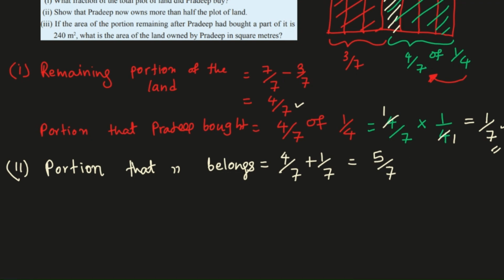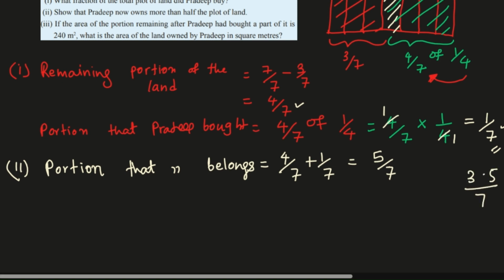Okay, so the total land has been divided into what? 7 equal parts. If the whole land had been divided into 7 equal parts, half of it will be 3.5 portions out of 7, right? That's the half. Yes, it's decimal. The decimal came because 7 is not getting properly divided by 2.